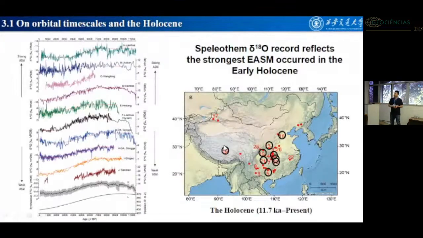For the Holocene period, here we show all the Holocene records from Eastern China. All the records reflect that the strongest Eastern Asian summer monsoon occurred in the early Holocene.